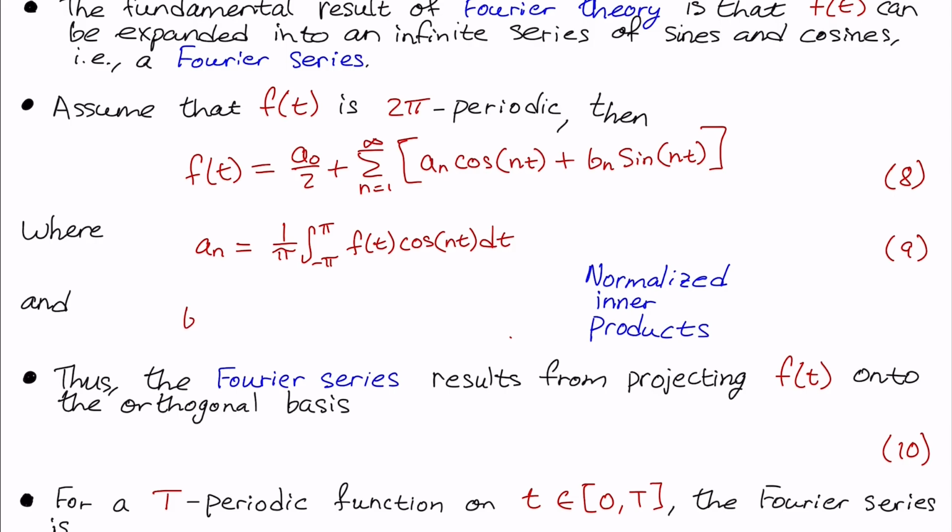And then bn is equal to 1 over pi times the integral from minus pi to pi of f of t times the sine of nt dt. And here, these are the normalized inner products. So this is that projection onto the orthogonal bases composed of these cosines and sines.